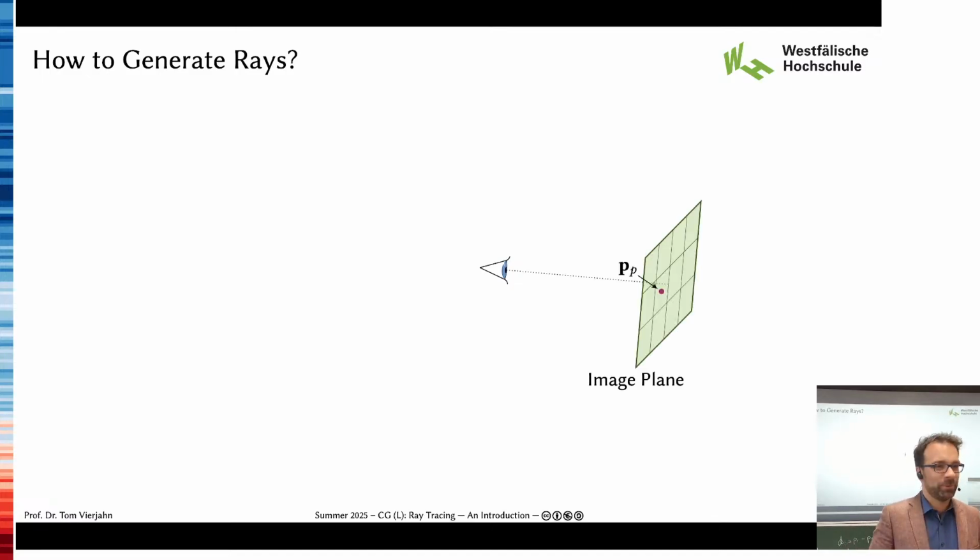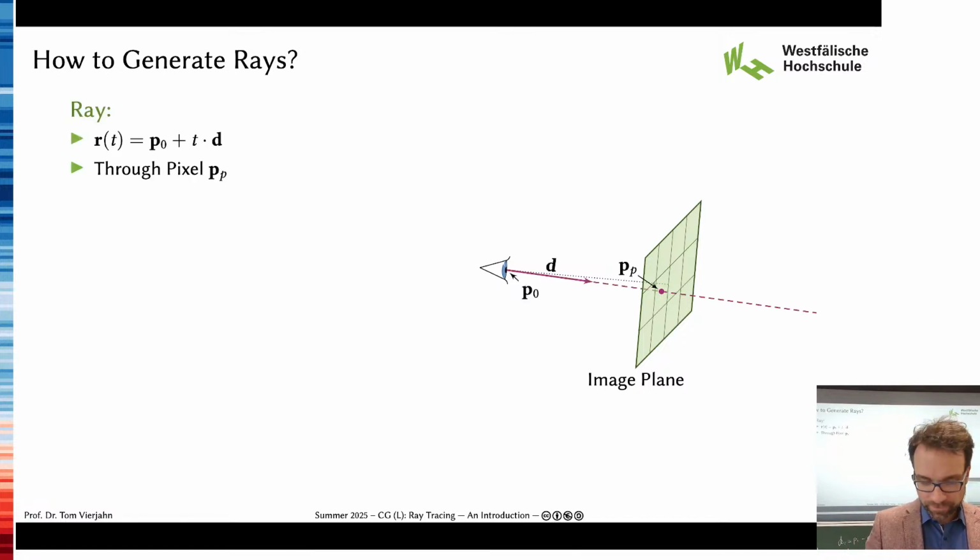Shoot a ray through a pixel. Done. Well, yeah, shoot the ray. Piece of cake, right? Not quite.